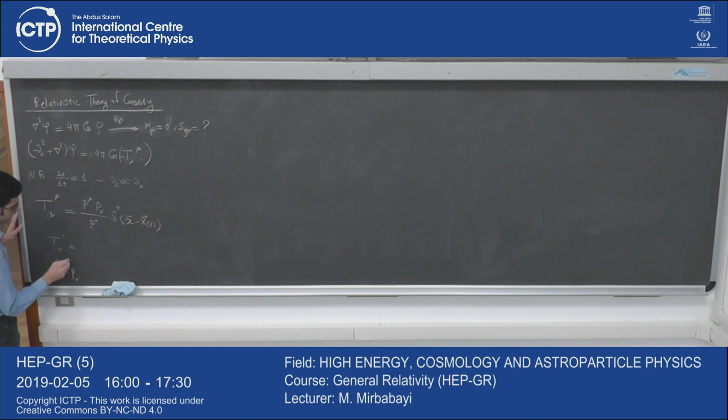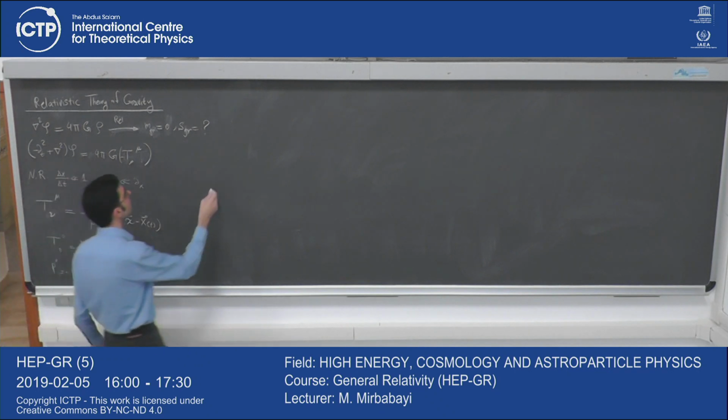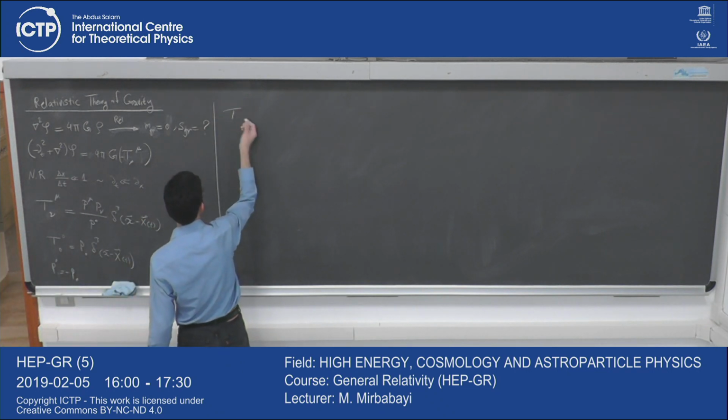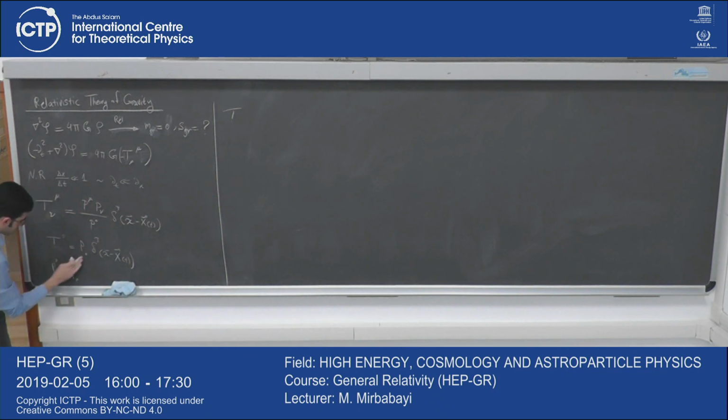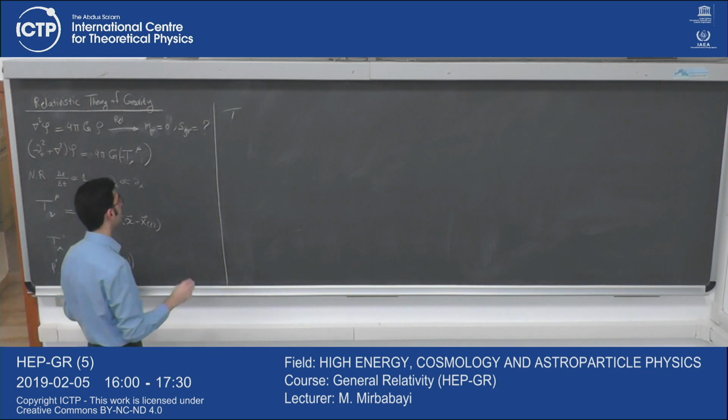So if I look at the T00, that would be P0 times delta 3 of x minus x of t, which is the correct density of energy with lower indices of P0. This expression is correct because it gives me the right density for the forward momentum of the particle.